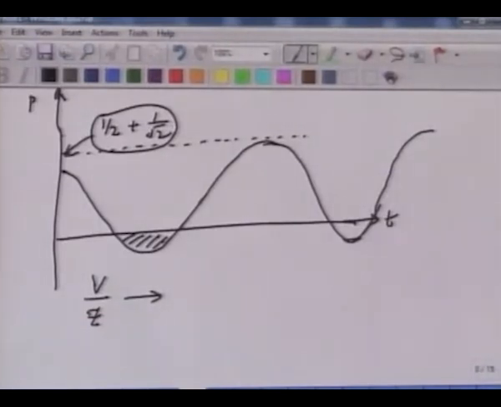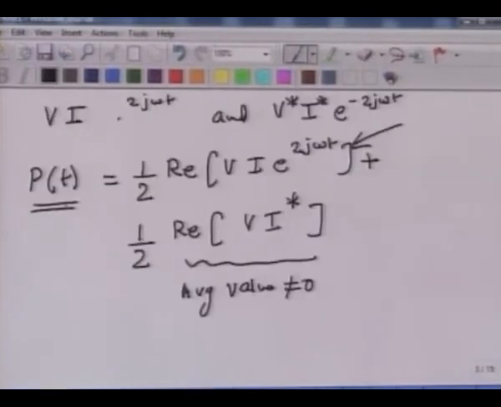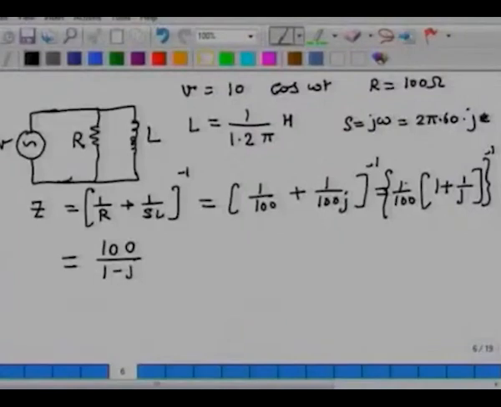Now Z in a purely resistive circuit was 100 ohms, but in the circuit where we had an inductor, the magnitude of Z was 100 over square root of 2. So it went less than 100 ohms by a factor of 1.414. What that means is that the circuit is drawing more current into the system.